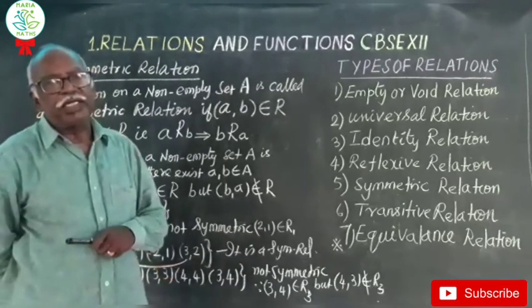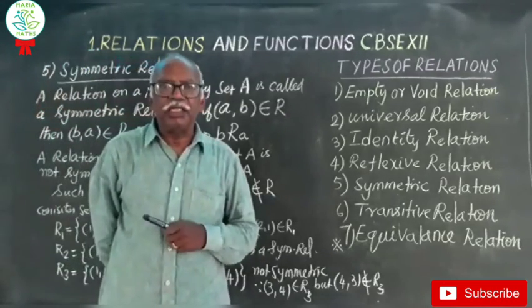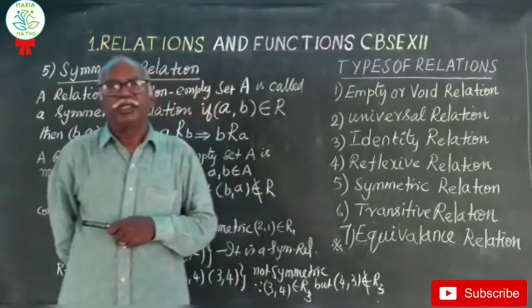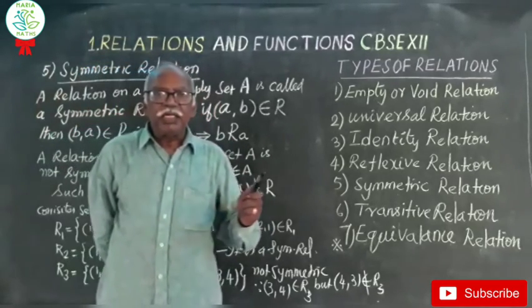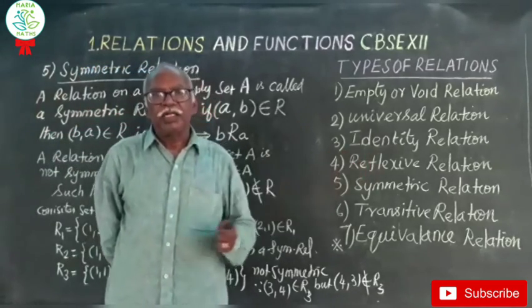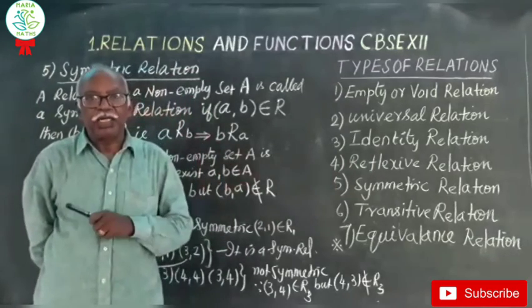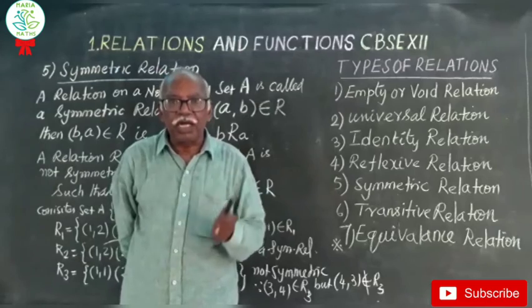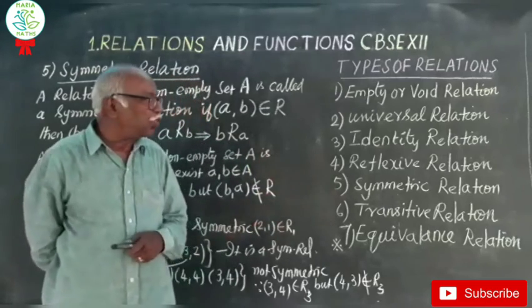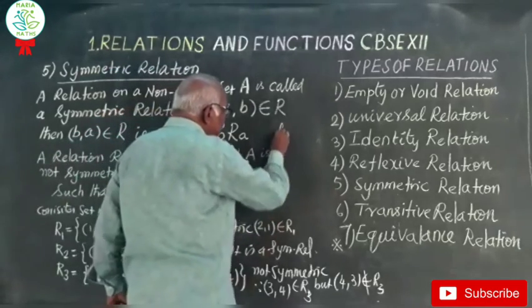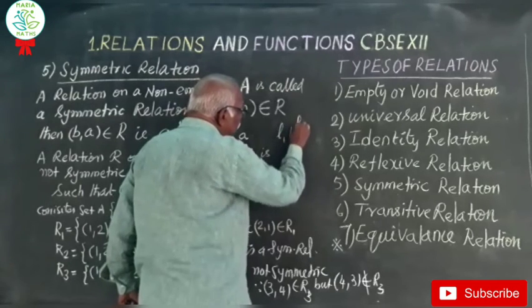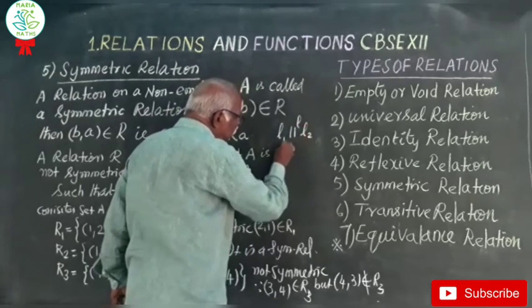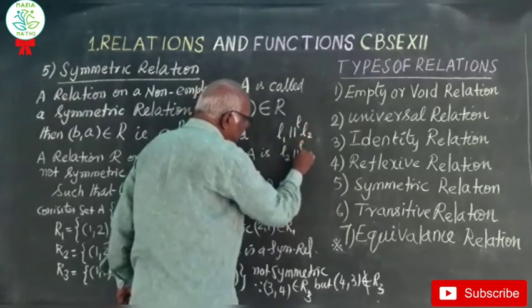In geometric examples, if L1 is parallel to L2, then L2 is parallel to L1. "Is parallel to" is a symmetric relation because L1 is parallel to L2, and in turn L2 is parallel to L1.